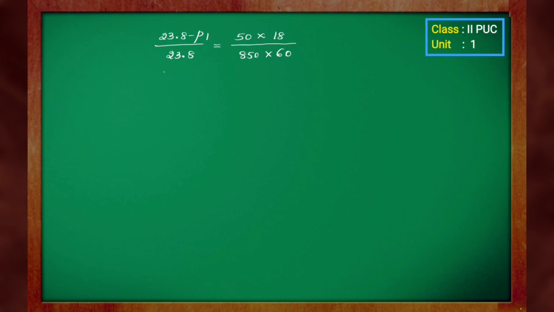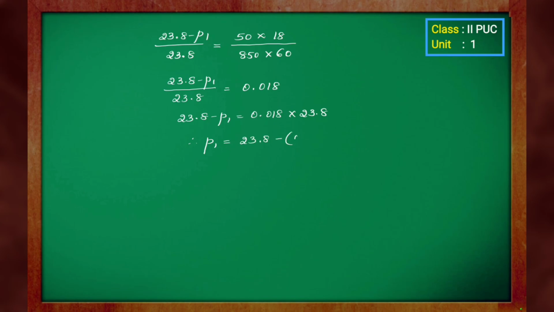Let us simplify the right hand side. Let me write the left hand side as such. (23.8 − P1)/23.8 is equal to 0.018. So from this we can write 23.8 − P1 = 0.018 × 23.8, and therefore P1 = 23.8 − 0.018 × 23.8.